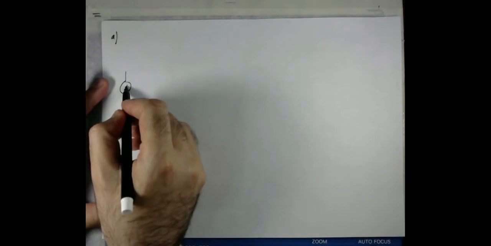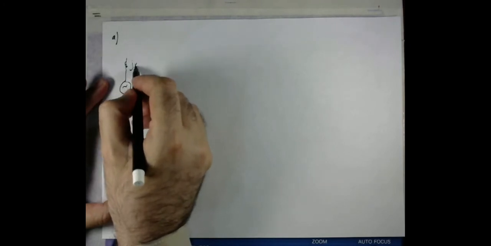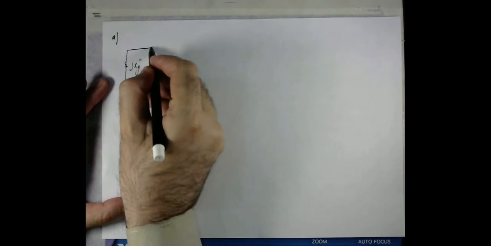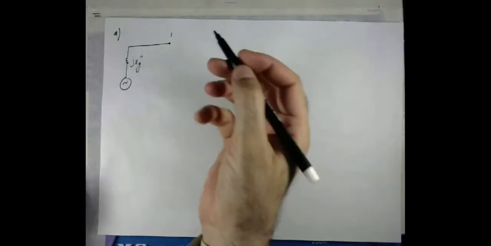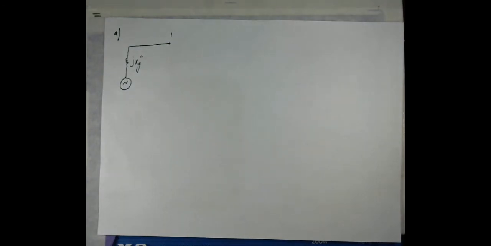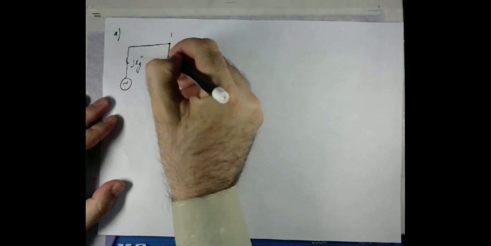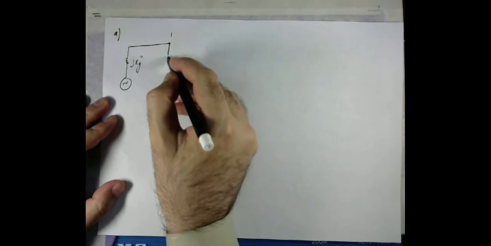So that is the generator having this subtransient reactance. This is bus number 1, and as we have already drawn the circuit, the fault is assumed to have occurred at bus number 1, a bolted type fault.